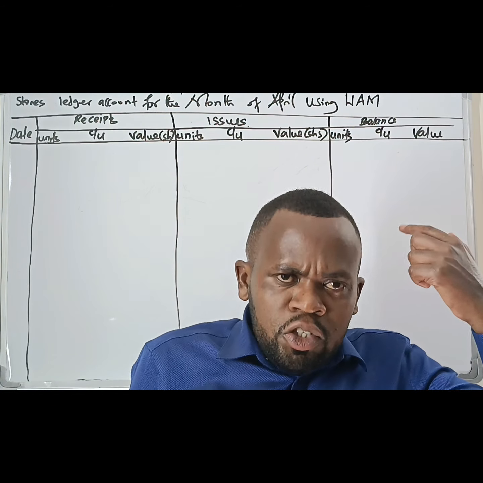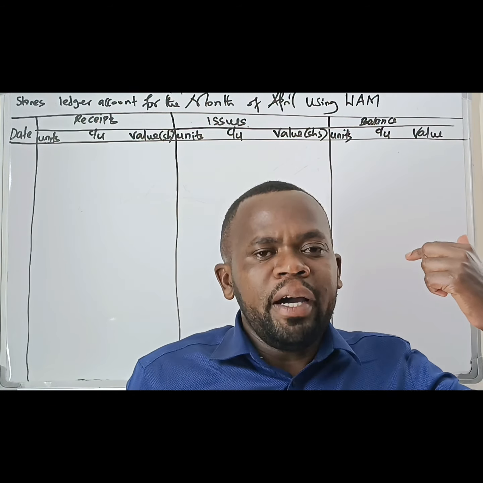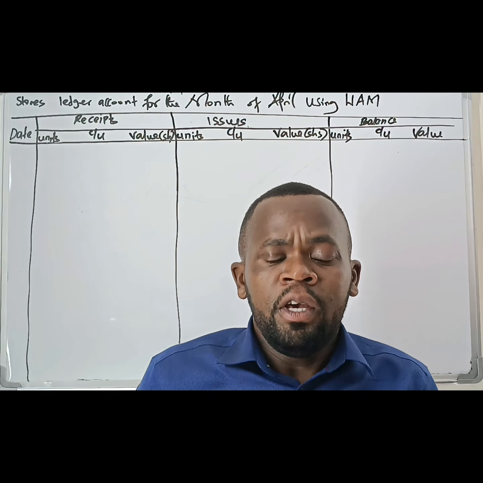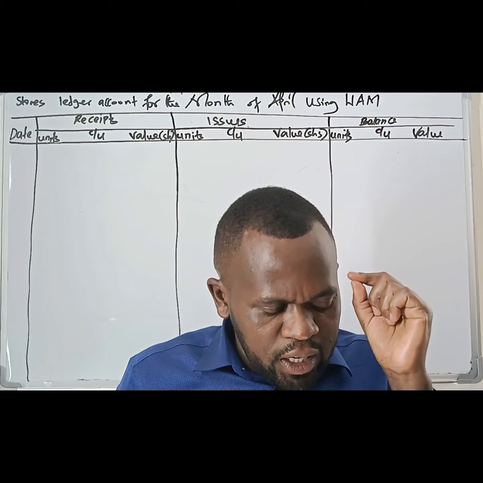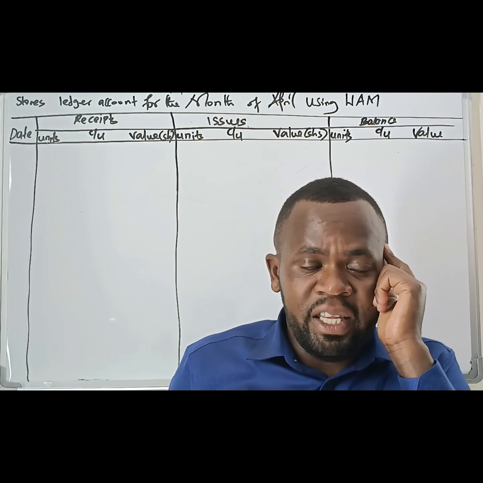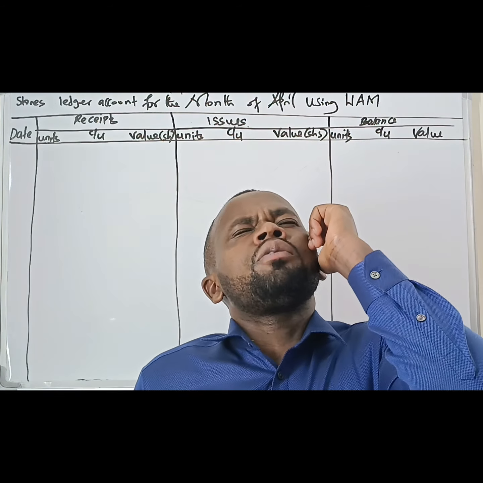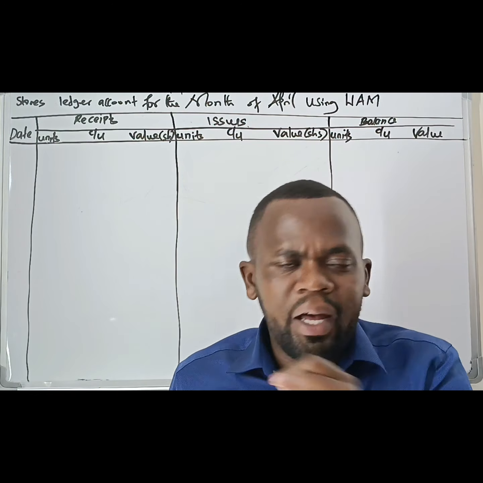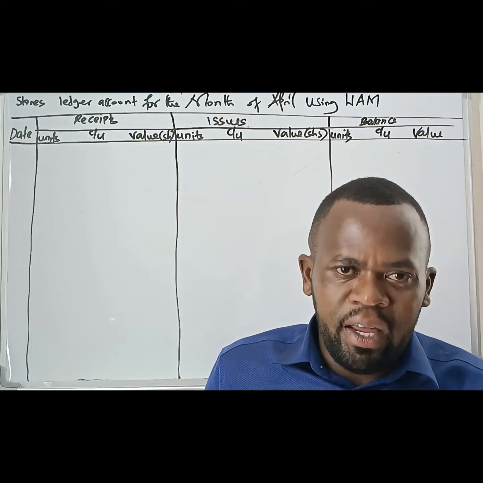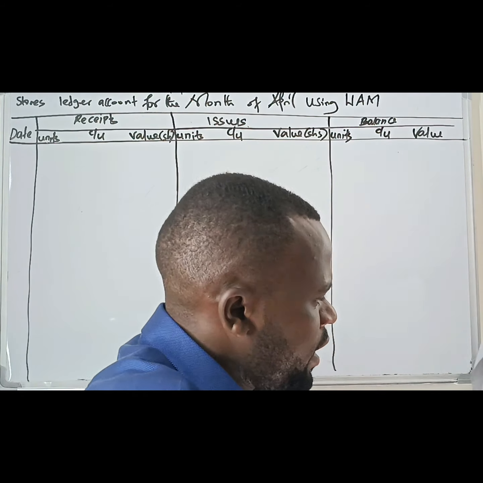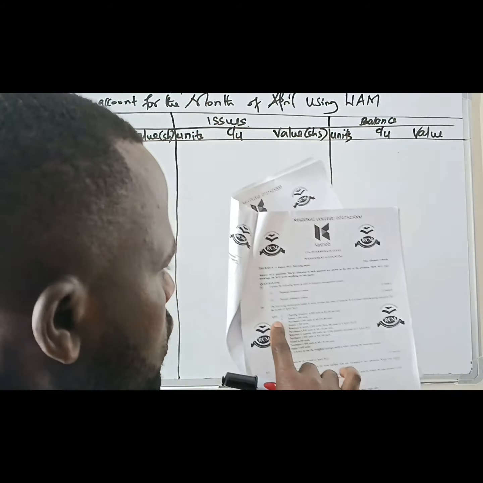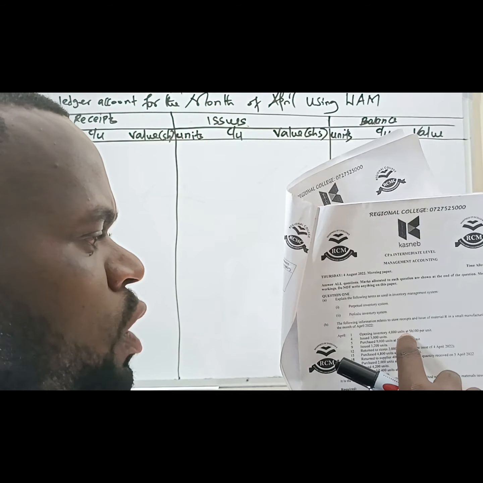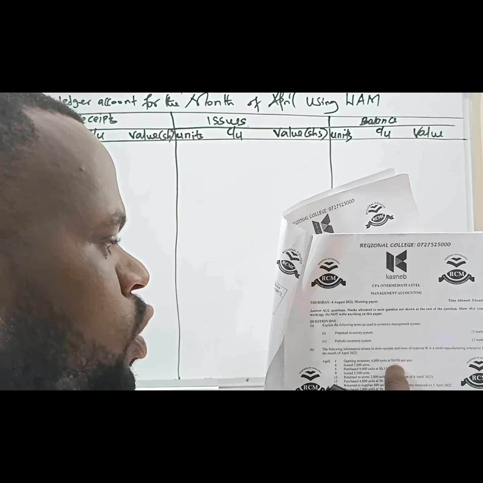So the closing stock in March becomes the opening stock in April. The first thing to remember is the opening balance for the month. You have to be given it. Let me read very carefully. Here you can see April 1st opening inventory is 4,000 units at 100 shillings per unit.